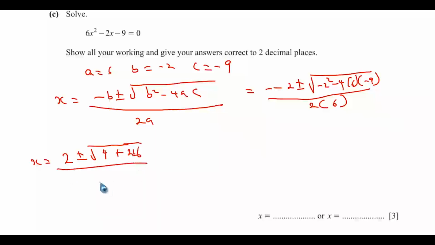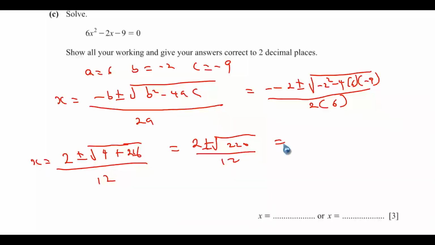Then over 12. So this will be equal to 2 plus or minus square root of 4 plus 216. So that will add up to 220 over 12.